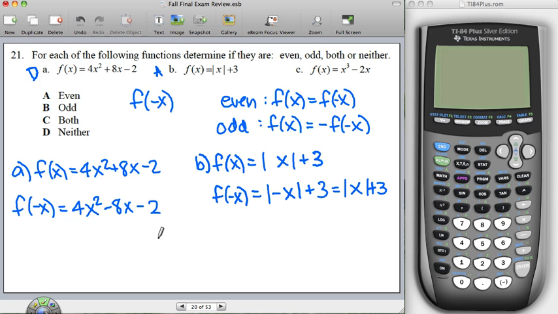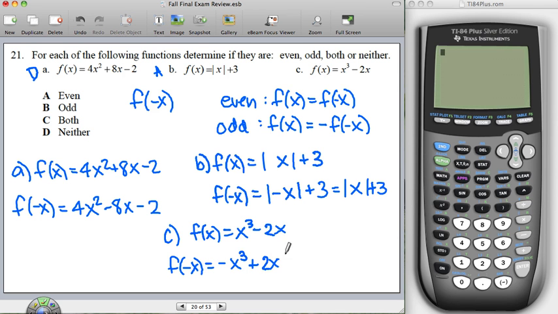For C, if I look at f of x, which equals x cubed minus x, and then I look at f of negative x, that gives me negative x cubed plus 2x. If I try to factor out a negative, that gives me x cubed minus 2x.